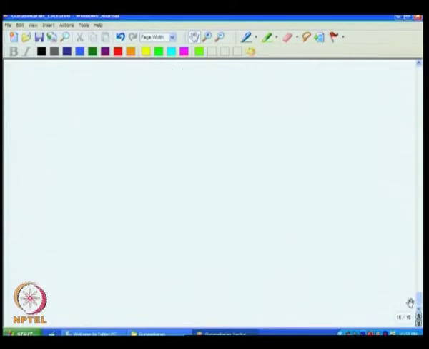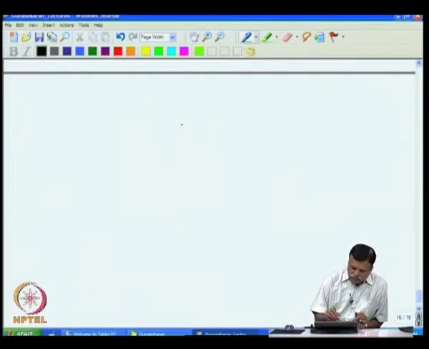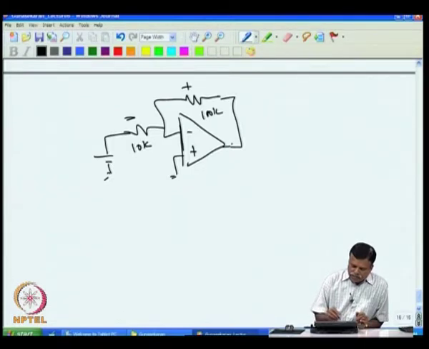Now we can calculate and see, for example, if I put 300 ppm in the circuit. So, I assume this is plus temperature coefficient and this is minus temperature coefficient. Now, if this is 100 K, this is 10 K, we find out what is the change in resistance.